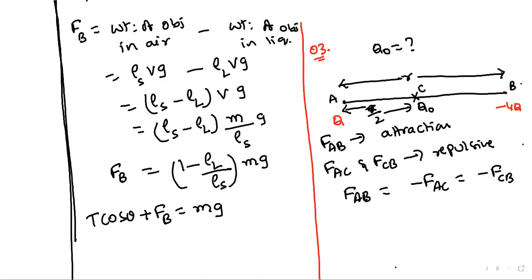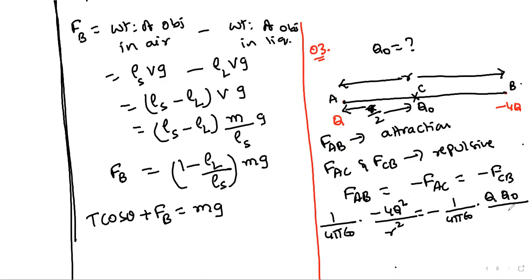FAB I can write by applying Coulomb's law: 1 by 4 pi epsilon naught into minus 4Q square by R square, equal to minus 1 by 4 pi epsilon naught into, either AC or CB you can consider, I'll consider AC, Q into Q naught by R by 2 whole square.